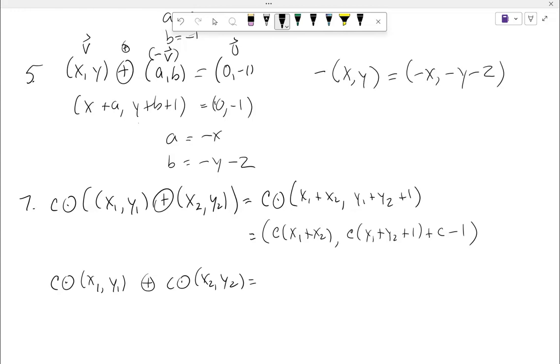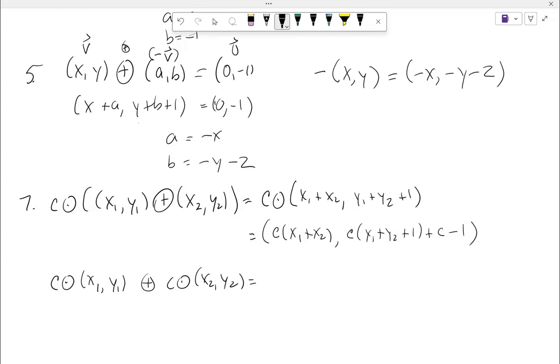We agree? Yep. Okay. Let's see if it works the other way. I'm guessing it's good. Let's put it this way: of the 2 components, which one are you worried about? The first one or the second one? The second one. It's the weird one, right?